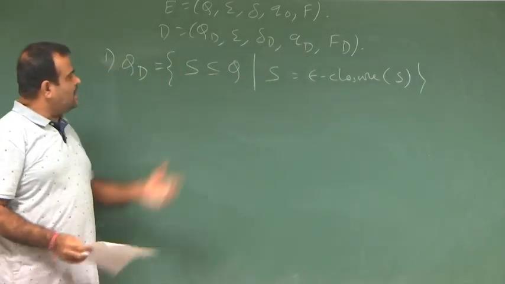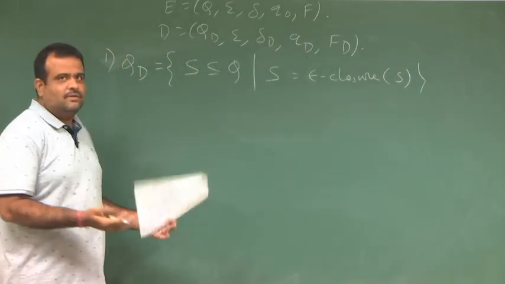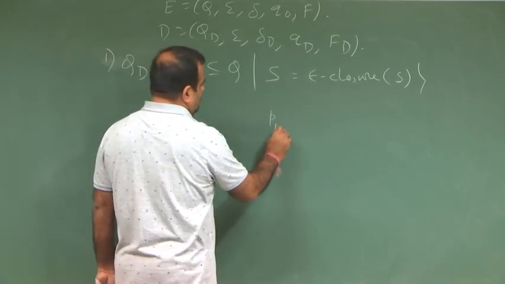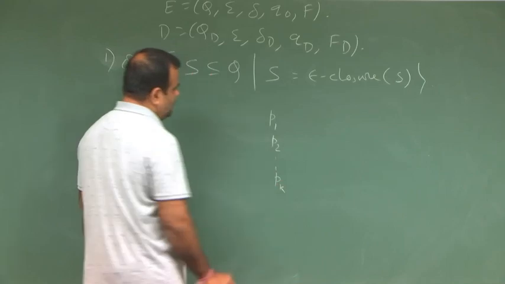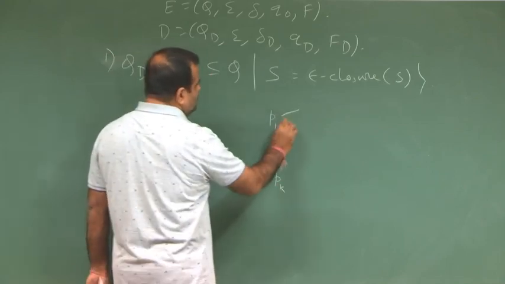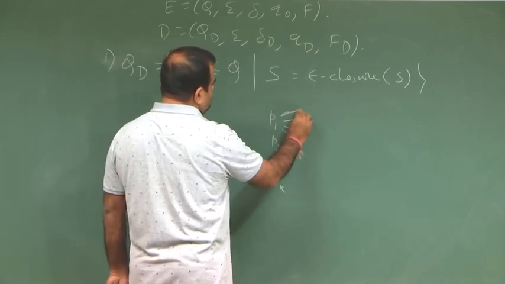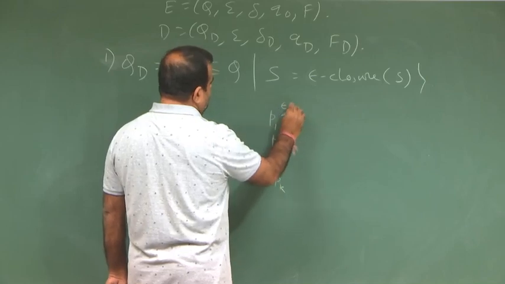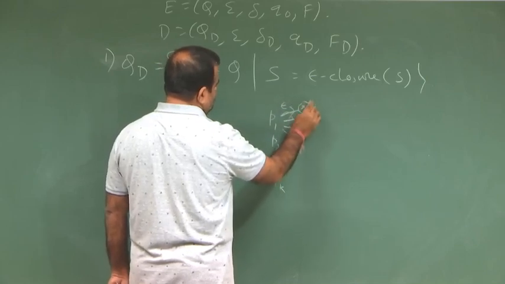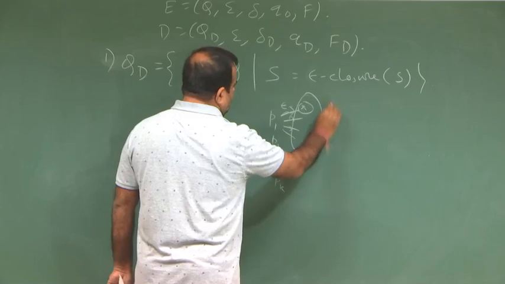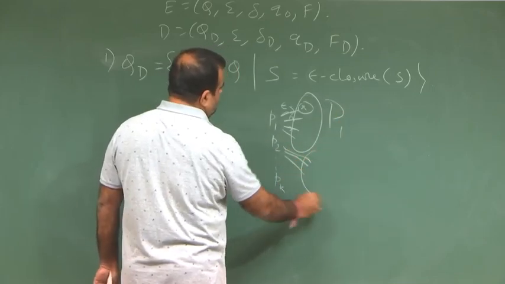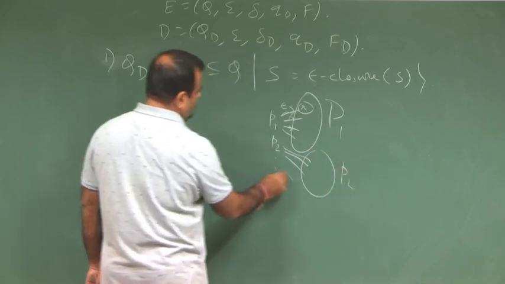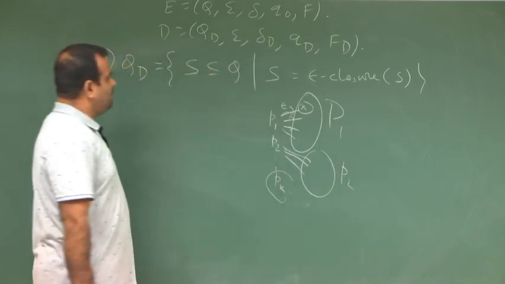So, we take a subset, say P 1, P 2, P k. Now, we consider the epsilon closure of this, epsilon closure means the states we can go to by epsilon moves. So, this is our capital P 1 say. Similarly, the epsilon closure of this is our capital P 2, and the epsilon closure of this is our capital P n.